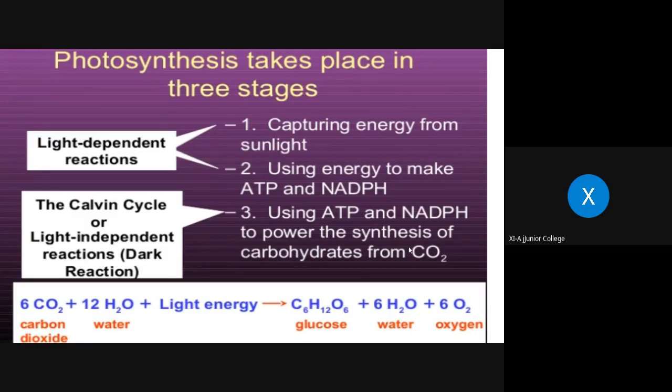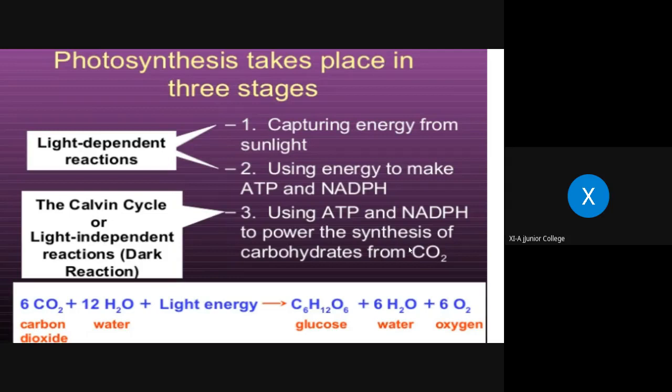Grana, that also contains thylakoids. These disc shaped structures I showed you, isn't it, in the granum? So they show the presence of the pigments, and they are capturing the sunlight. So capturing energy from sunlight, this is the first step.